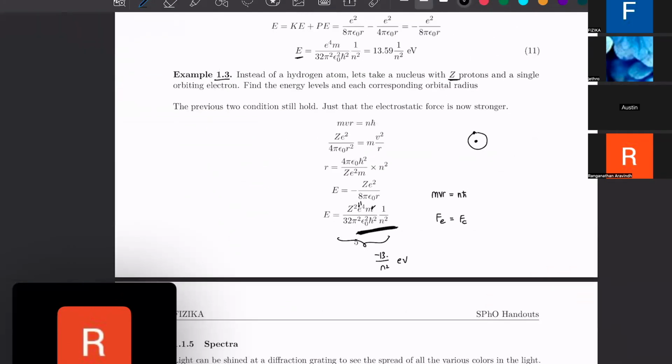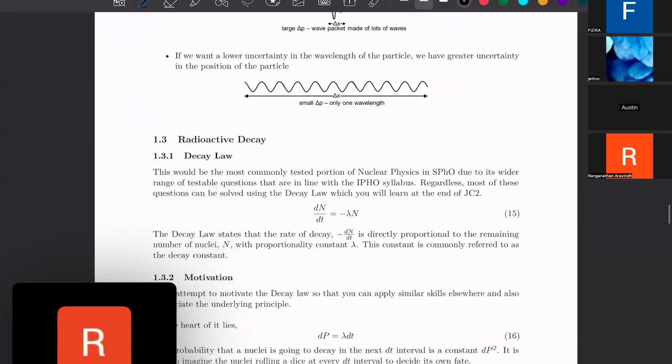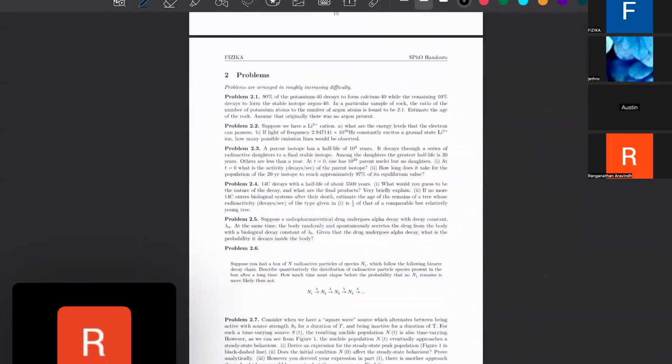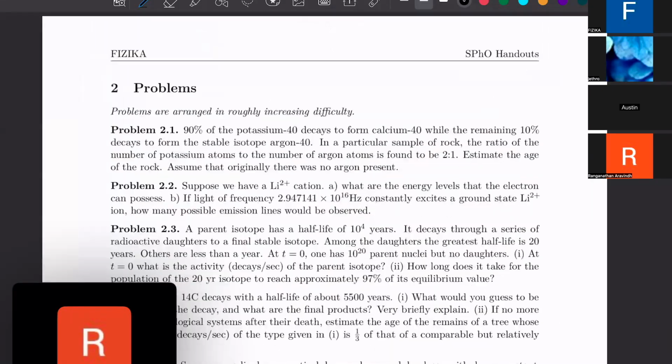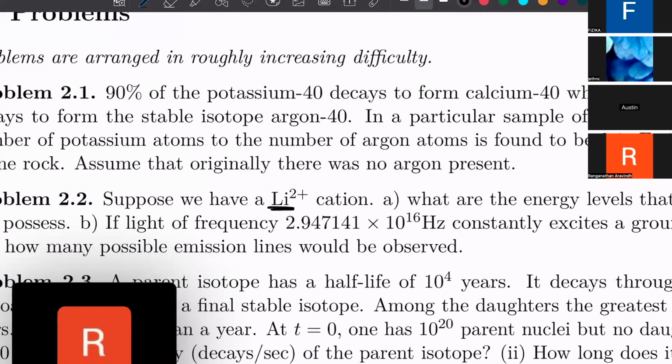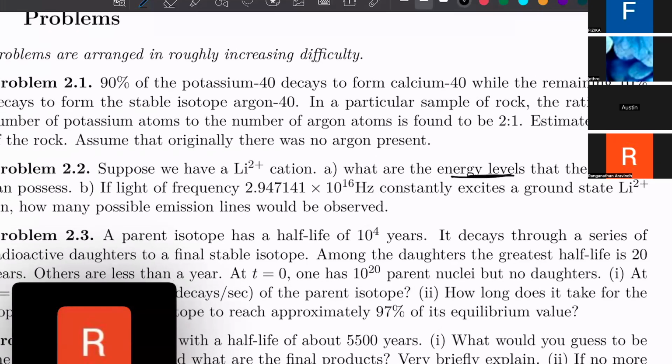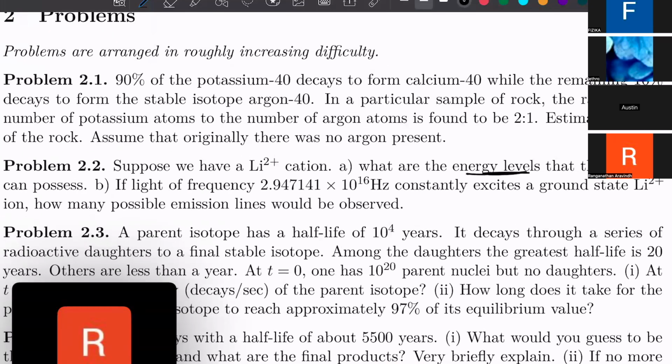Okay, so maybe you can try this example. It's essentially a lithium 2 plus cation. What are the energy levels that the electron can possess?